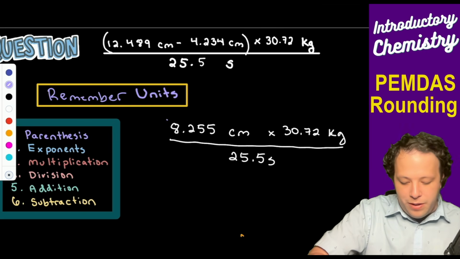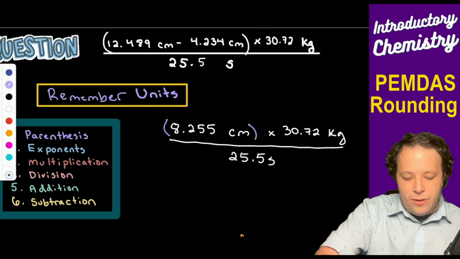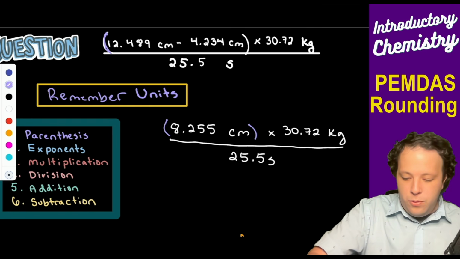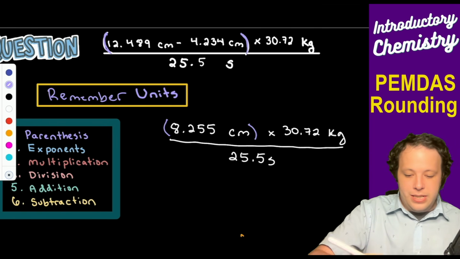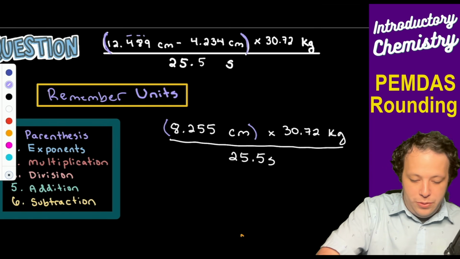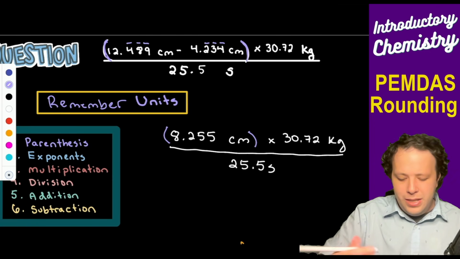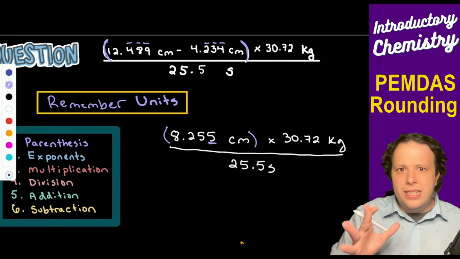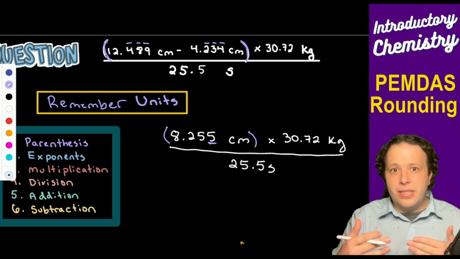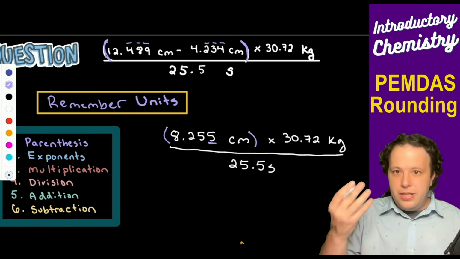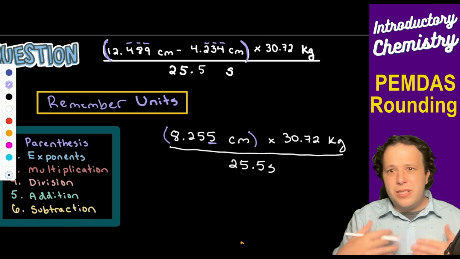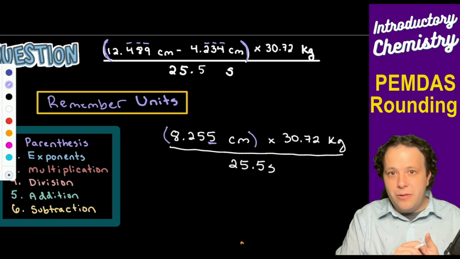I'm going to leave that in parentheses just so you can remember where that came from. Now, one thing we have to do is keep track of sig figs. You can see we have 1, 2, 3 sig figs after the decimal for each of those values. That means this one did not get affected at all from our rounding. So we're going to leave it at that point. We know it's going to be 3 after the decimal. Okay, so that's good to know for later.